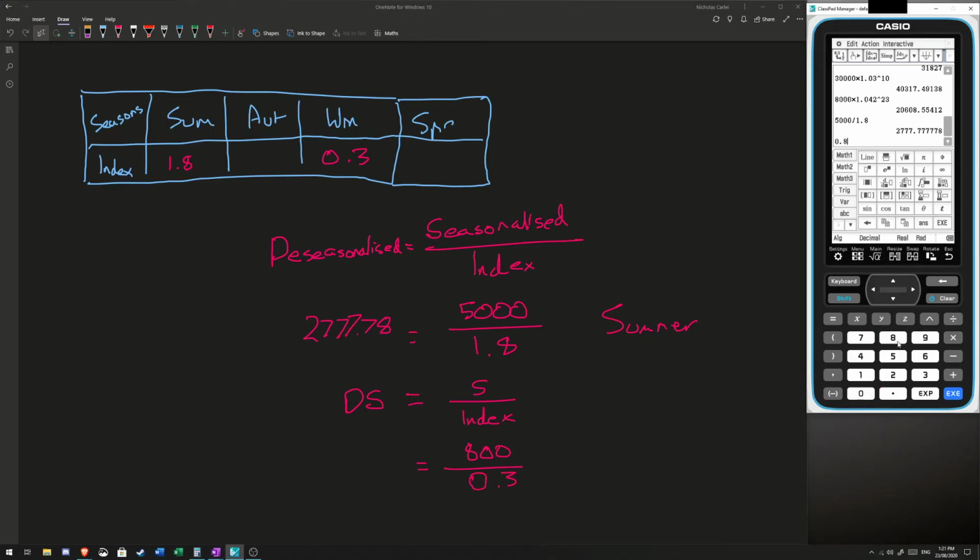So 800 divided by 0.3 is $2,666. So if I was working in winter and you were working in summer, our deseasonalized figures are very, very close together. What that's basically saying is that we are equal salesmen. It's just the time of the year that's causing us to have an issue.